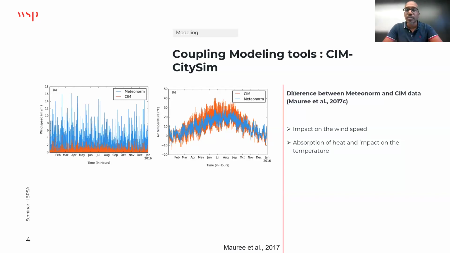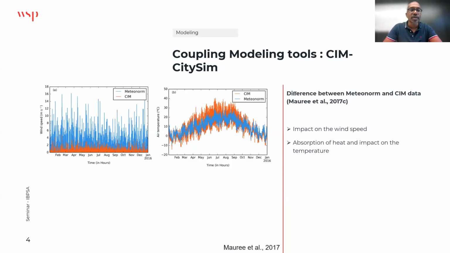We validated the model and the coupling with data collected on site at EPFL, with the wind speed and the air temperature that you can see here on these two graphs. The Meteonorm one, the blue one, is the standard data that we would typically use when taking climatic data from a station, which is usually located outside of the city.